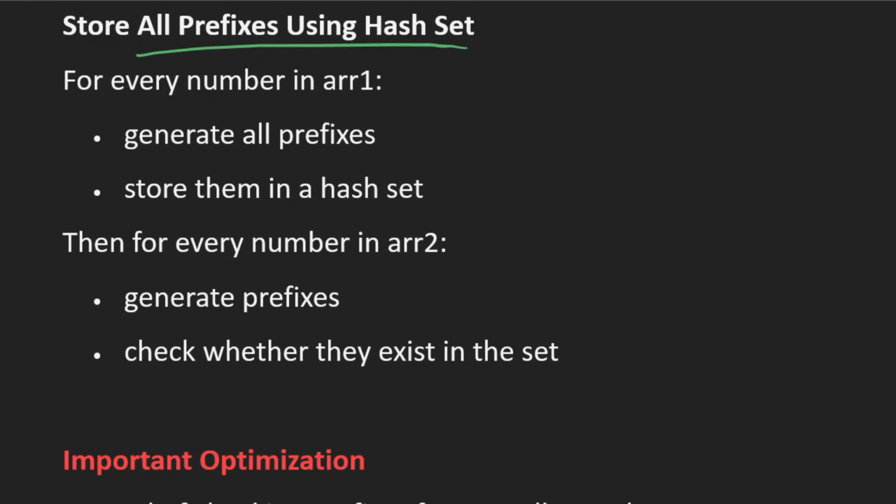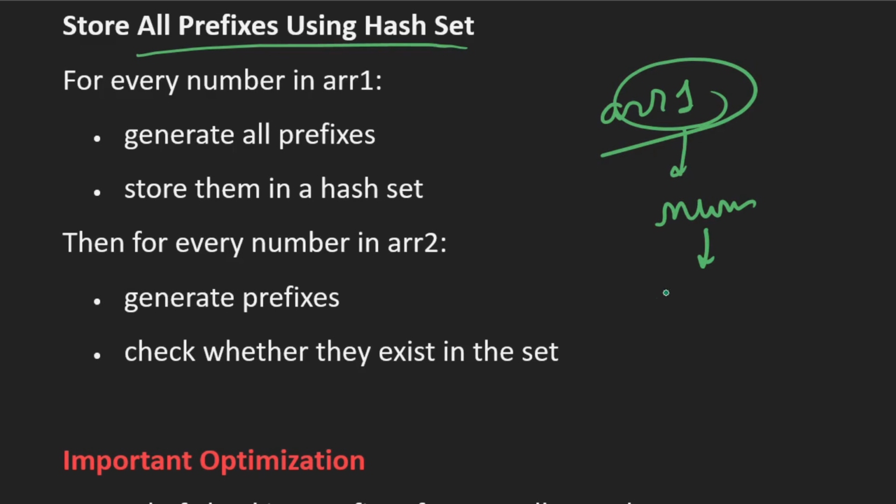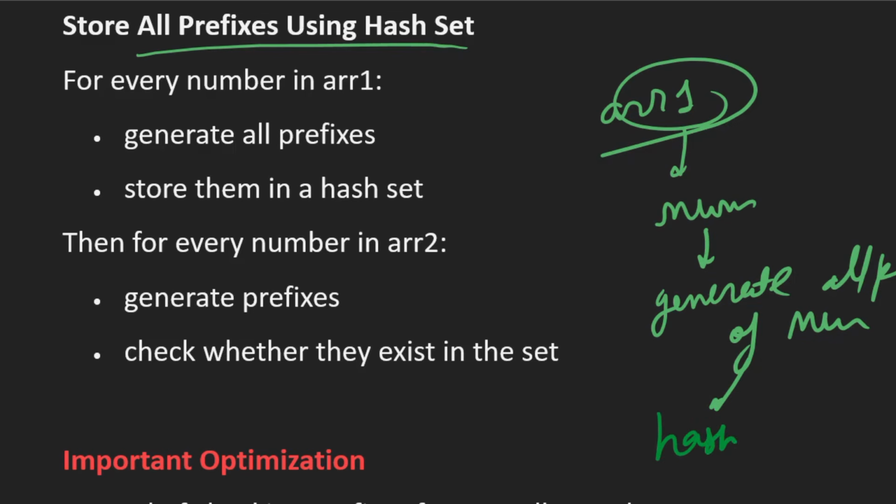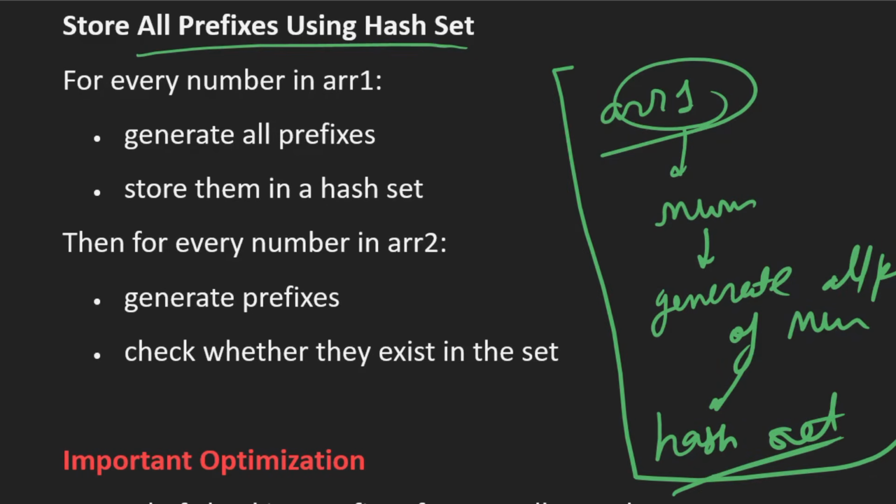In array 1, we take a number, generate all prefixes of that number, and then store them in the hash set. So this way we have generated all the prefixes of all the numbers in array 1.